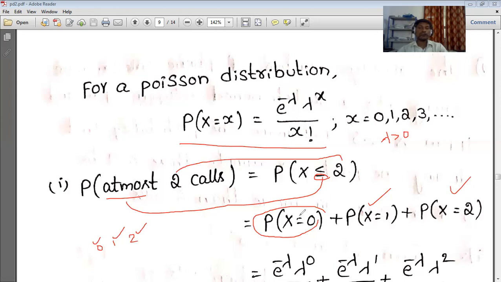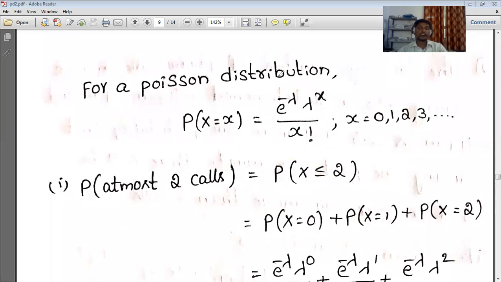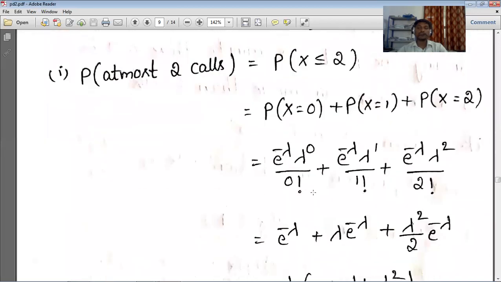Okay. Now we are substituting in place of x first 0, and in place of x 1, and in place of x 2, and already we know the value of lambda. So here it is, that one only we are substituting, e power minus lambda, lambda power 0 by 0 factorial.